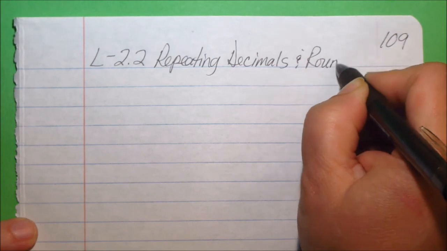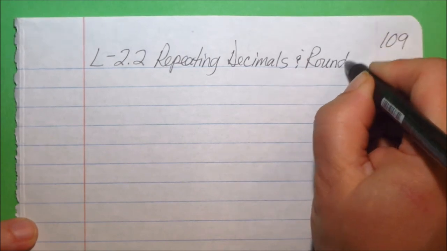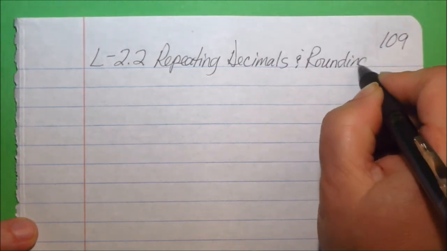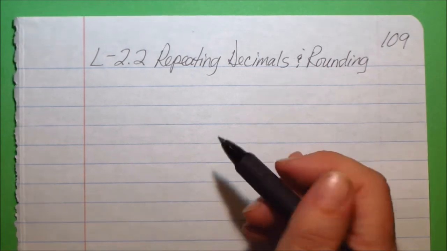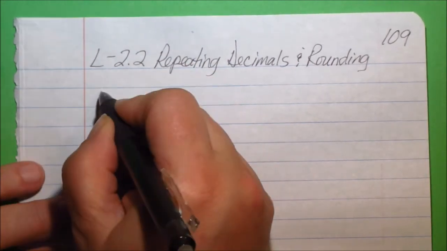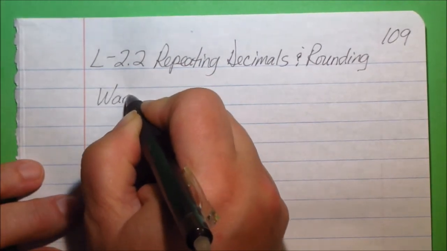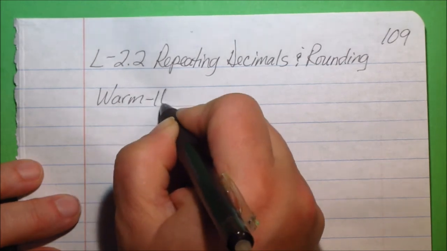Now, rounding decimals is something we did way back at the beginning of the year, but we'll be talking about that a little bit again. Repeating decimals is new, although if you're in my class, we've talked about it before. You'll be familiar with what you see in this lesson.